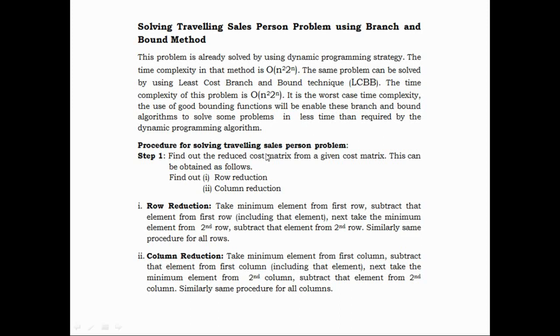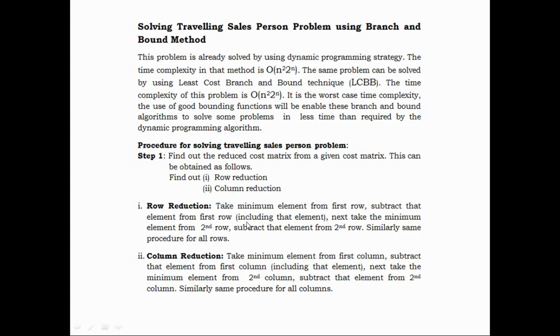Step 1. Find the reduced cost matrix from the given cost matrix. This can be obtained as follows. We have to find the row reduction sum and the column reduction sum. In the row reduction, from the first row, find the minimum element and subtract that minimum element from all the elements of that row, including that element.